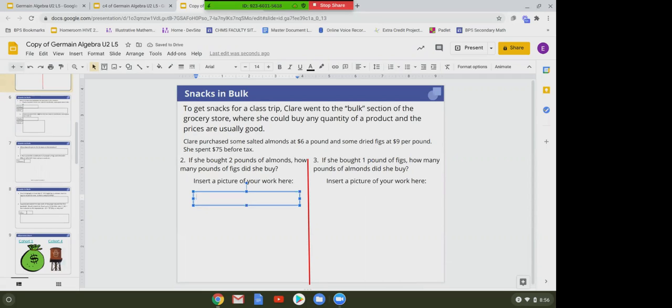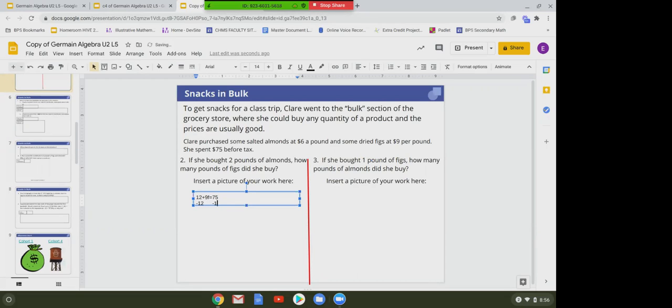Very good. So what he said was he multiplied the $6 per pound times the 2 pounds that we bought. So 12 plus that 9F, or 9 whatever variable you chose, is equal to that 75. Then from each side, he said, I have to subtract 12.